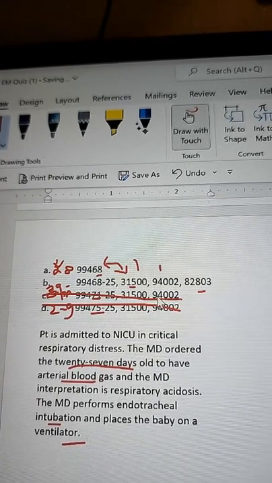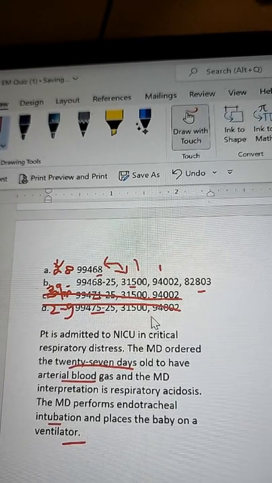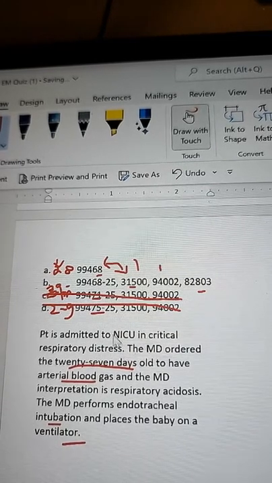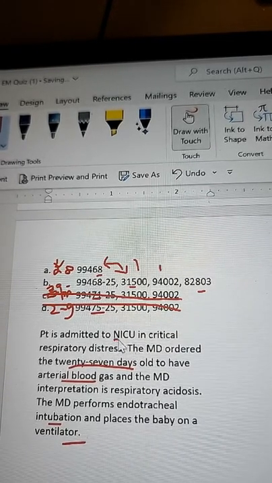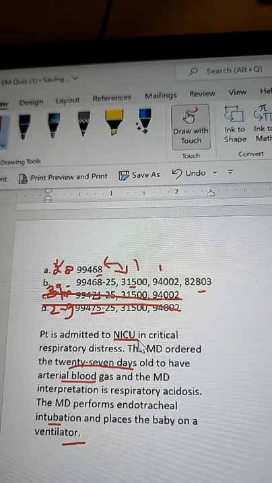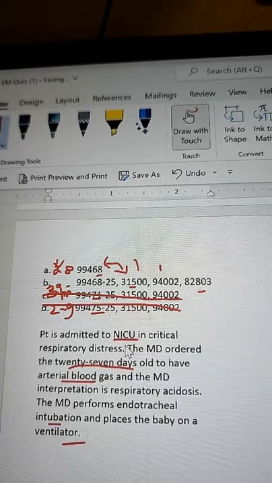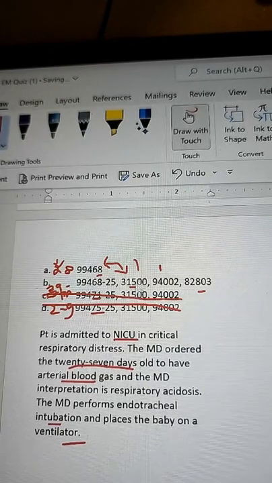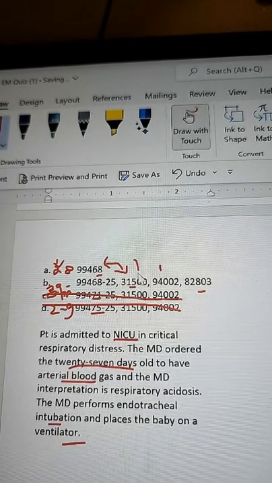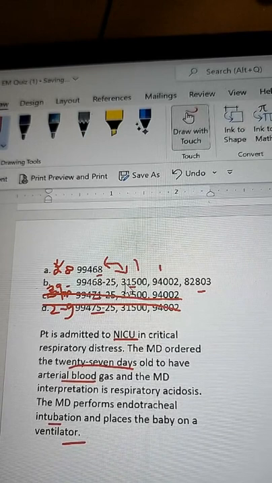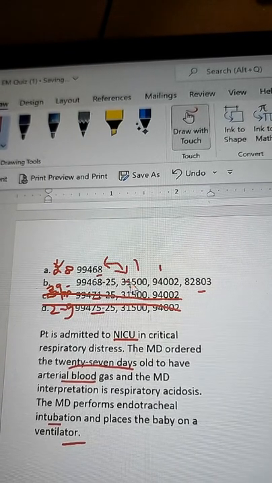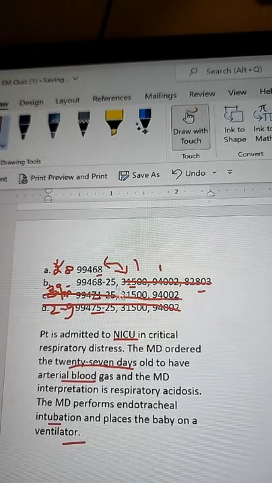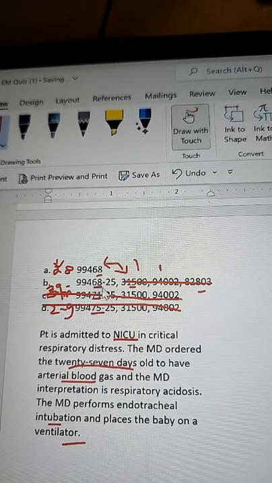I taught some of you that were here, what day is it? Monday, that because the baby was already admitted in the hospital in NICU before they did the intubation, we don't bill for the intubation since the baby's been already admitted into the hospital. It's going to be already included into the NICU.